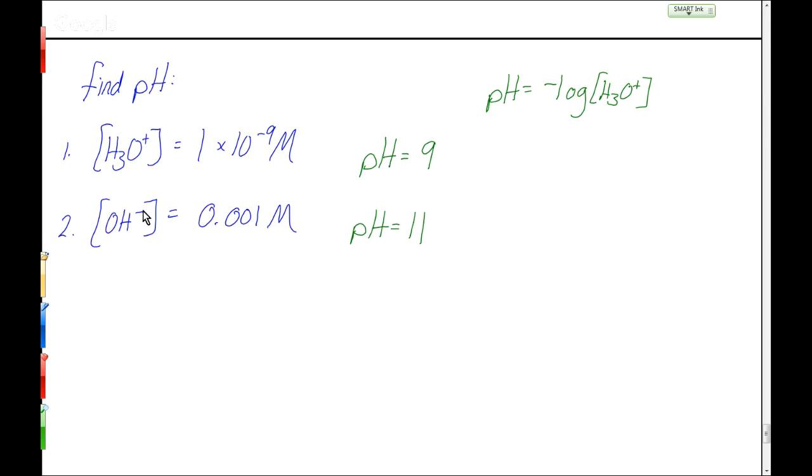If you're given the hydroxide ion concentration instead, you can calculate the pOH, which is the negative log of the hydroxide ion concentration, and then subtract from 14 to get the pH. In that case, 0.001 is 10 to the minus 3, so the negative log of that is 3. And then 14 minus 3 is 11.